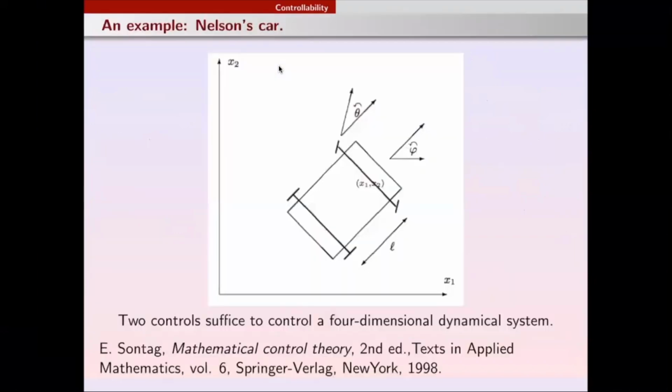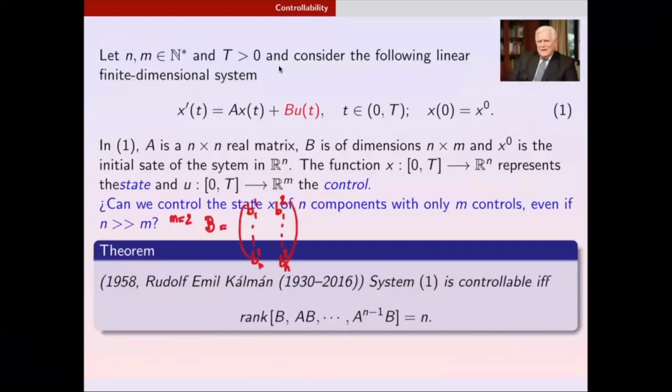B1 as a column vector here, and B2 as a column vector. So now this matrix B is going to be n times 2. And the matrix AB, when I multiply a matrix n times n with n times 2, it will also be n times 2. So in total, this matrix will be n times n.